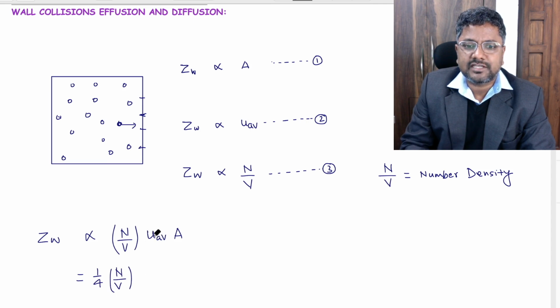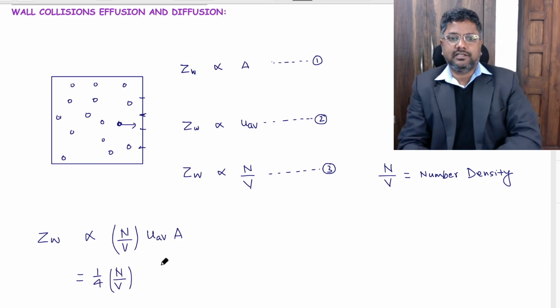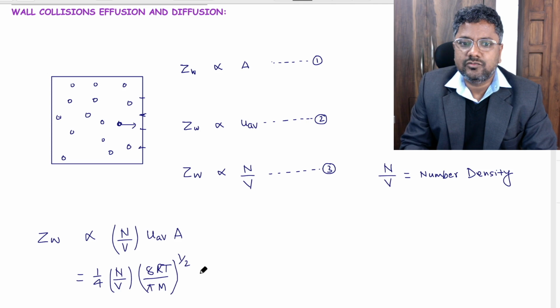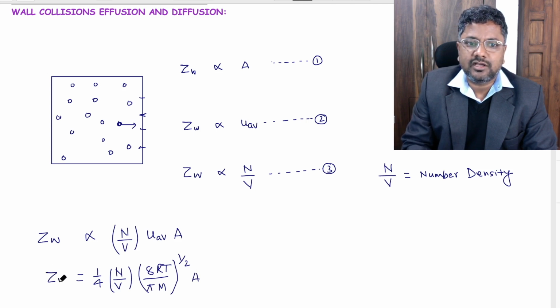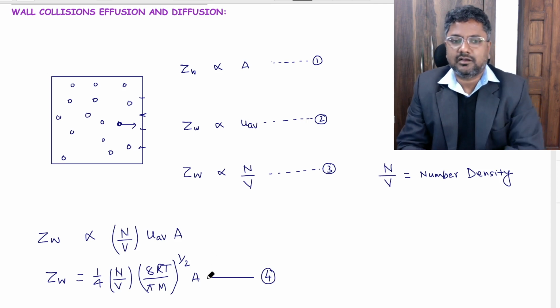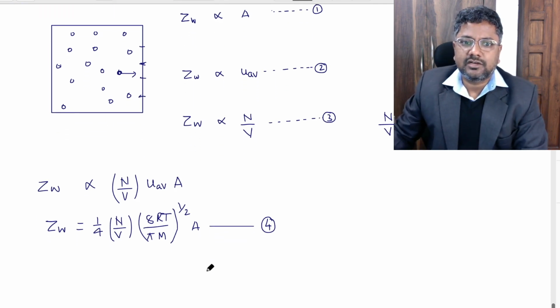In place of U average you can write 8 RT by pi m, to the power 1 by 2, into A. So this is the formula of the collision with the wall of the container.